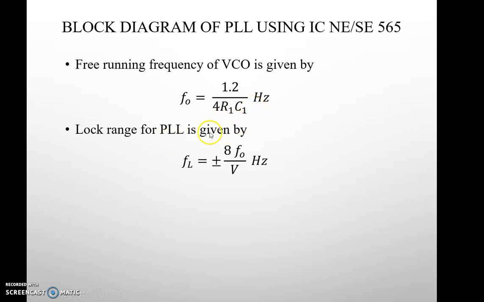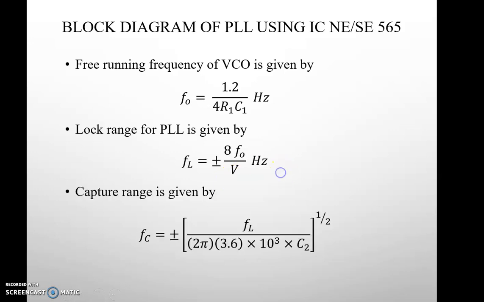Then we have the lock range given by plus minus 8 FO upon V, where FO is the free running frequency and V is plus V minus of minus V. Then the capture range is given by FC equal to plus minus the square root of FL upon 2 pi 3.6 K into C2, where C2 is expressed in farads. The lock range usually increases with an increase in the input voltage but decreases with an increase in supply voltage.